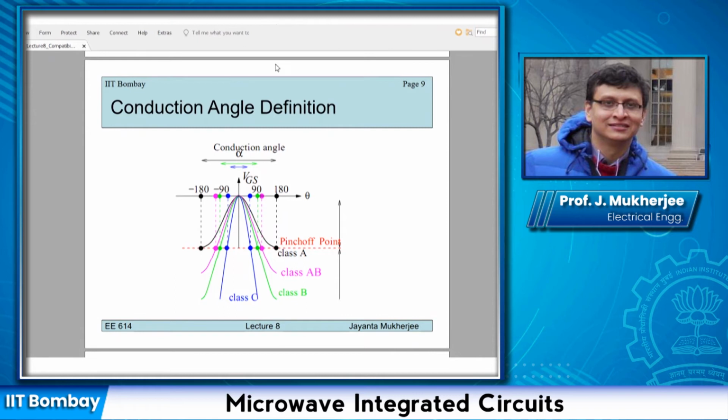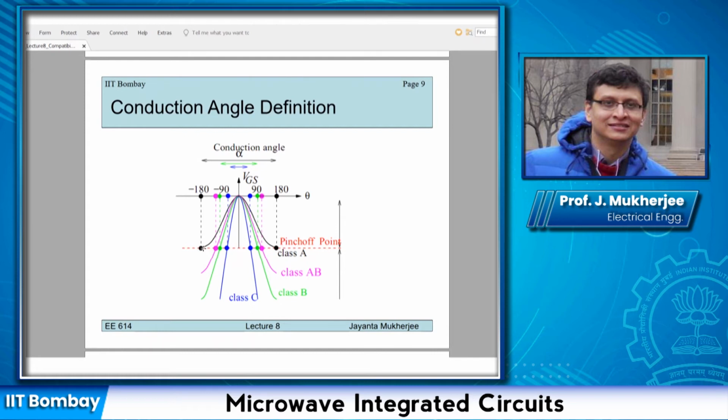So here this is a diagram showing what various conduction angles mean. Suppose my applied voltage between the gate and the source is of this nature. Let's consider first this black line.